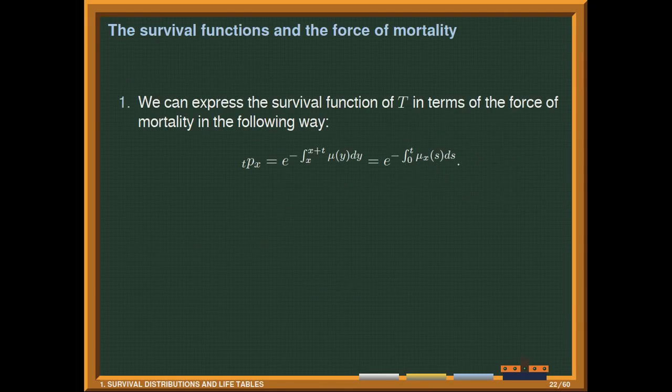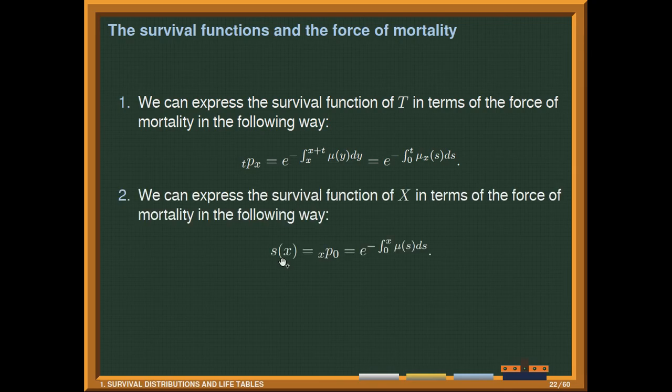Okay, now let's express the survival functions in terms of the force of mortality. So the survival function of t, tpx, from a previous slide is given by the following, which reduces to this upon change of variable. Okay?